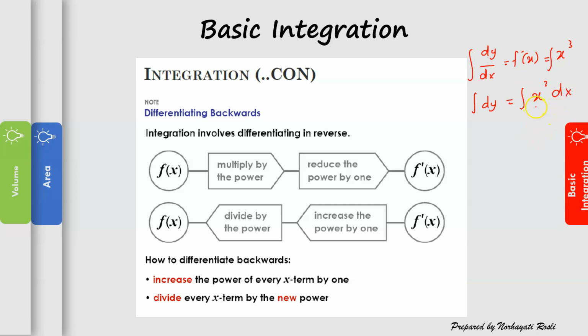In this case, we need to increase the power of this x by 1, so here I have x to the power of 4. And then we need to divide by the power, meaning we divide by 4. So we have x to the power of 4 over 4 as the solution for this y.